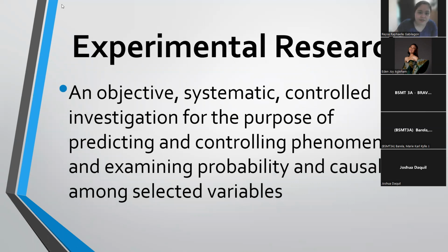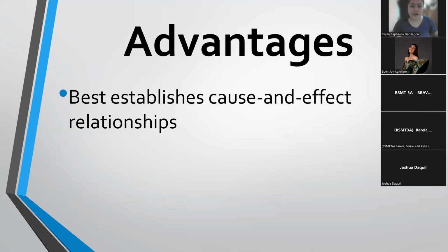Experimental research, or from the name itself, we are going to do experiment most of the time inside the laboratory wherein we have controls. We can manipulate one variable, control one variable, and measure the other variable. So when you are going to do an experimental research, this is actually establishing cause and effect relationships.